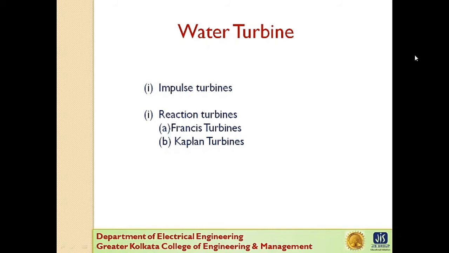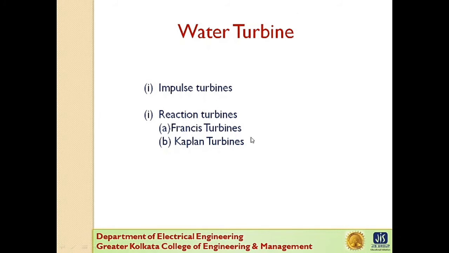Reaction turbines are used for low and medium heads. In a reaction turbine, water enters the runner partly with pressure energy and partly with velocity head. There are two types of reaction turbine: Francis turbines and Kaplan turbines.